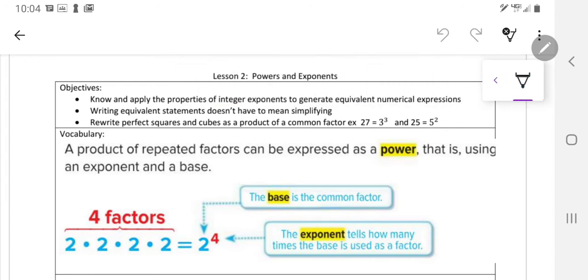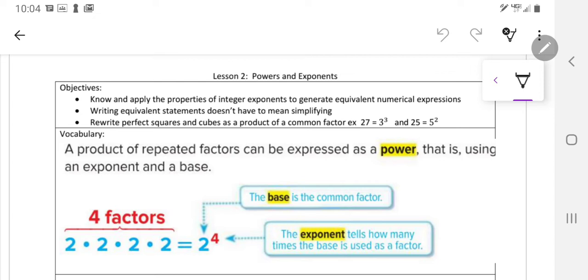You are going to need to know and apply the properties of integer exponents to generate equivalent numerical expressions. Write equivalent statements. Doesn't have to mean simplify, okay, and rewrite perfect squares and cubes as a product of a common factor.